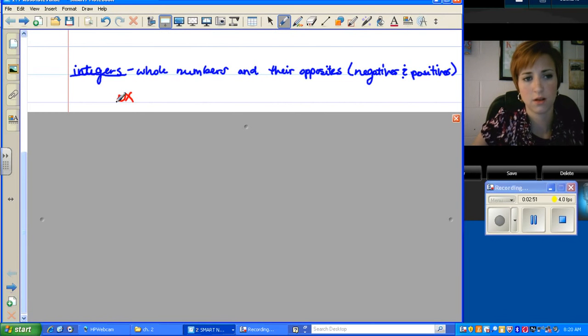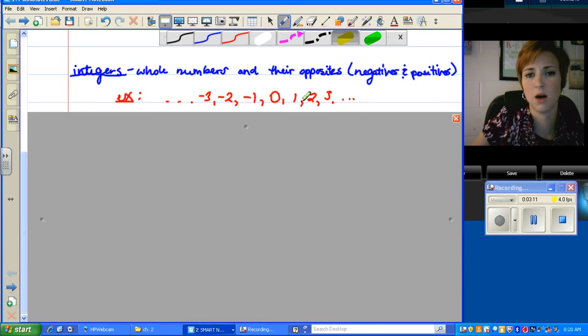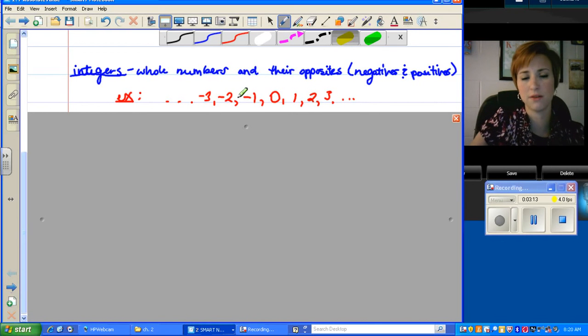If I go on like I have been doing, I will start with the negative number, so it'll be dot, dot, dot, negative 3, negative 2, negative 1, 0, 1, 2, 3, dot, dot, dot. Because the opposite of positive 2 would be negative 2. So whole numbers and their opposites.